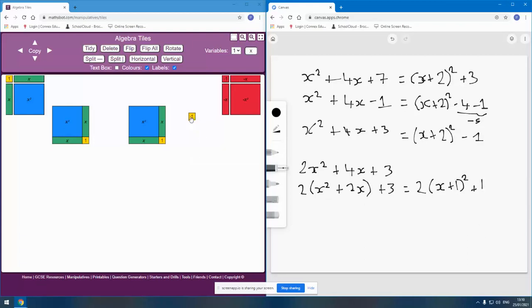And of course, if I'd split this one in half, I'd have had an extra half here and an extra half here, and that would have said I'd have had, I'll write it in here, 2 big bracket x plus 1 squareds plus a half, because I've had a half of this one here and a half of this one here.